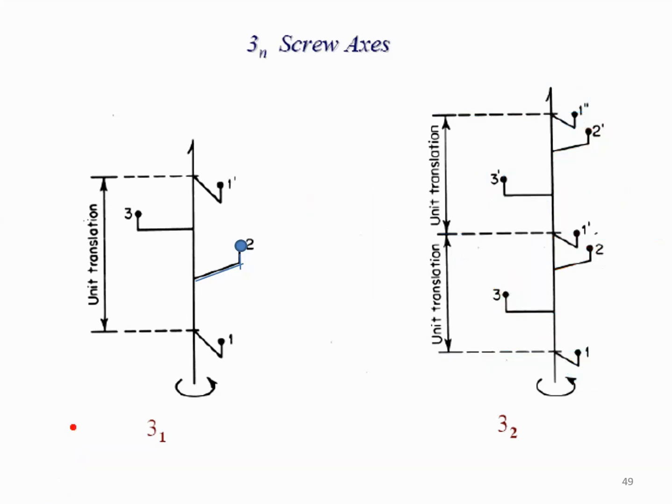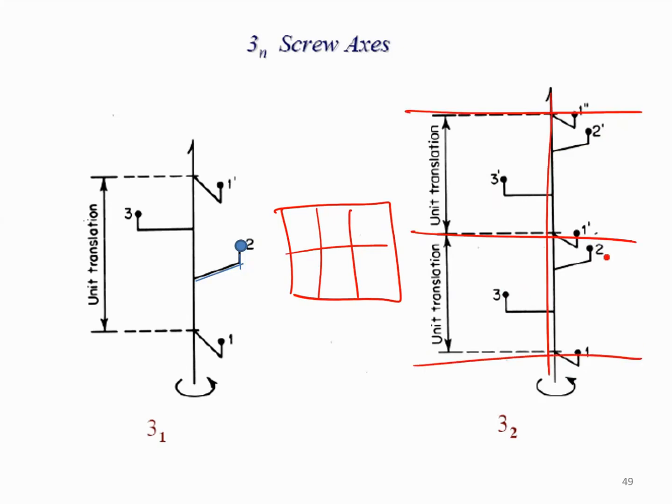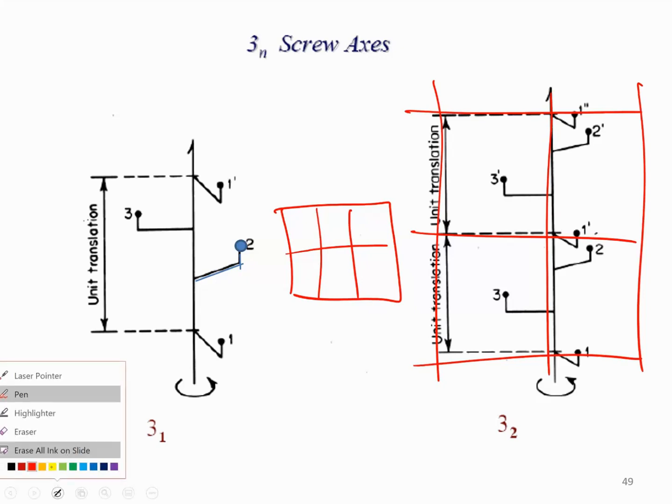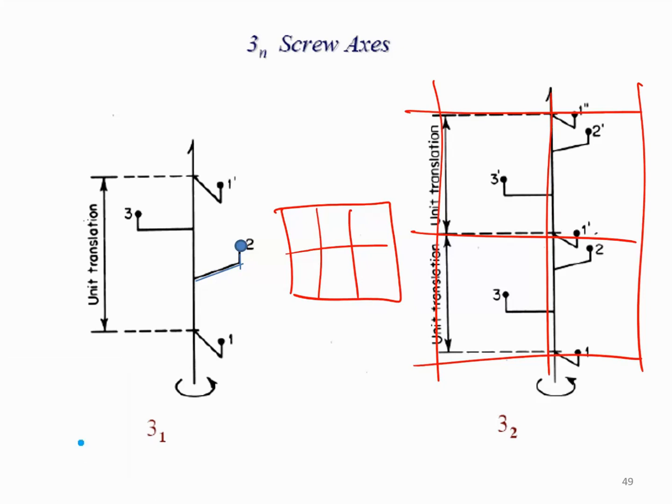Redraw it. The concept of the unit cell that you studied in the first chapter. This point is equivalent to this point, equivalent to this point, right? All right.